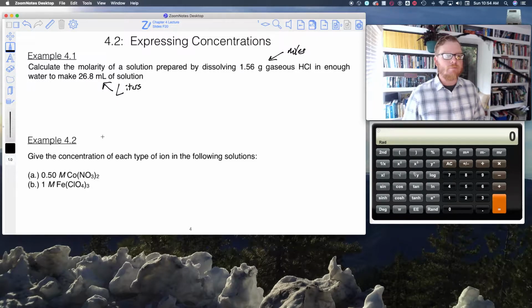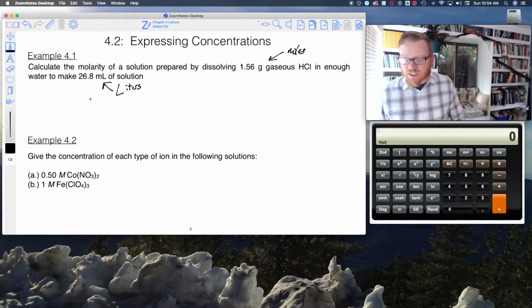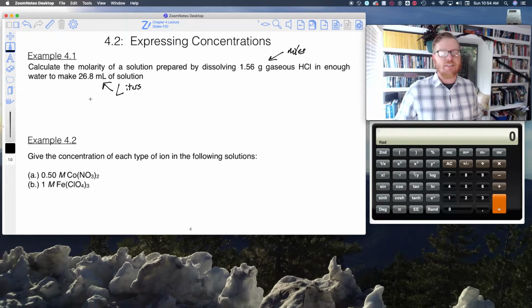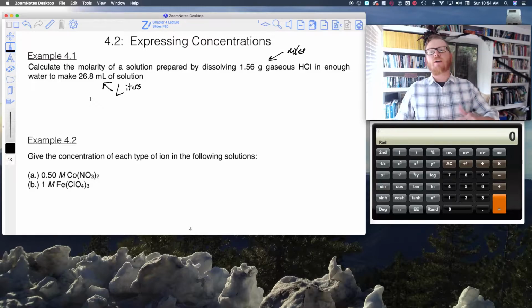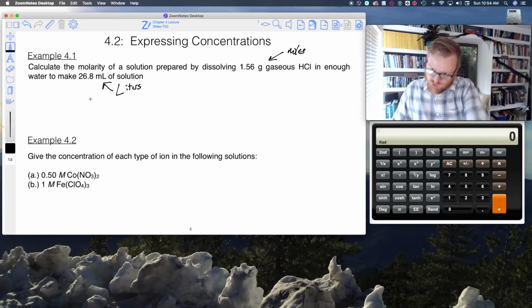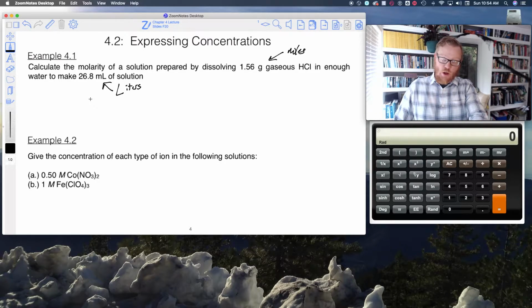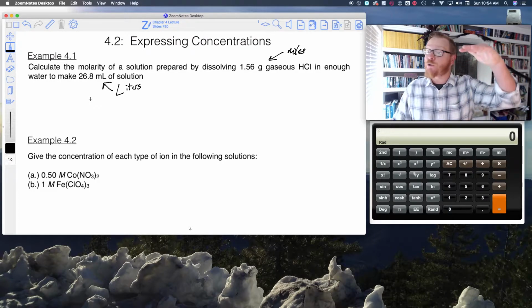Okay. So, the wording of this, where it says in enough water to make 26.8 mL of solution, the reason the wording is expressed that way is because we have to consider that when we measure out a volume of liquid and then add something to it, like a solute, it could increase the volume of that liquid, right?